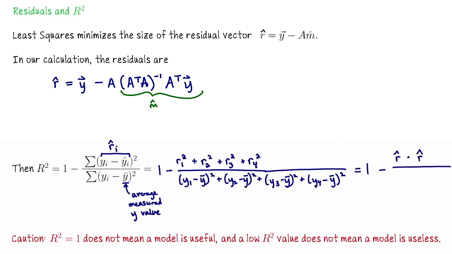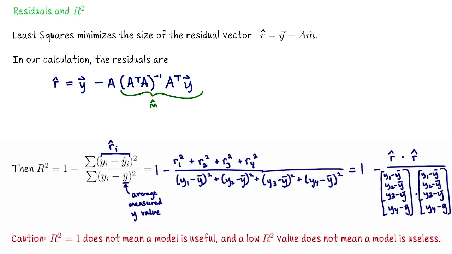And then for the denominator, it's the same idea. It's a bunch of coordinates squared. So we could think of this as, I don't have a nice way to write this, but how about y1 minus y bar, y2 minus y bar, y3 minus y bar, all the way through y4 minus y bar, that vector dot itself.